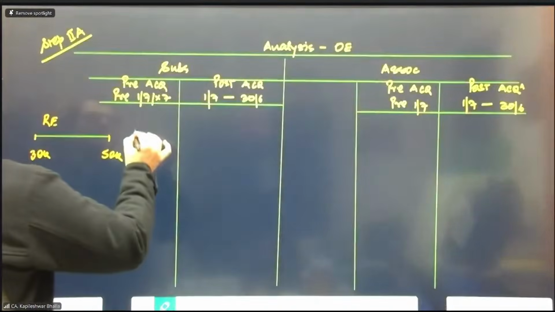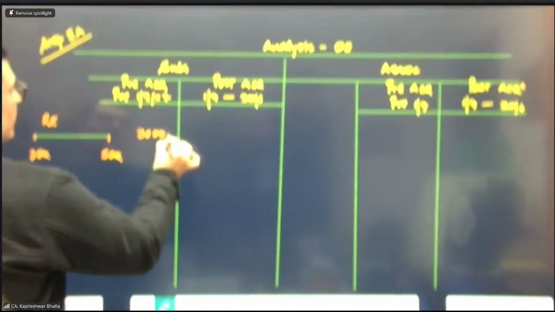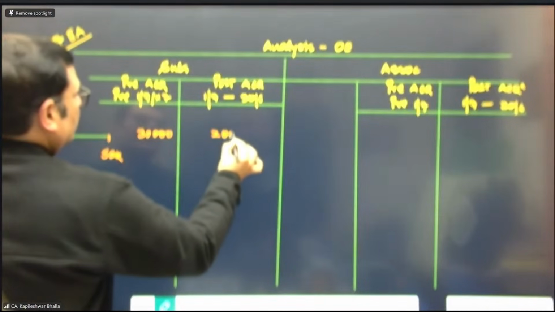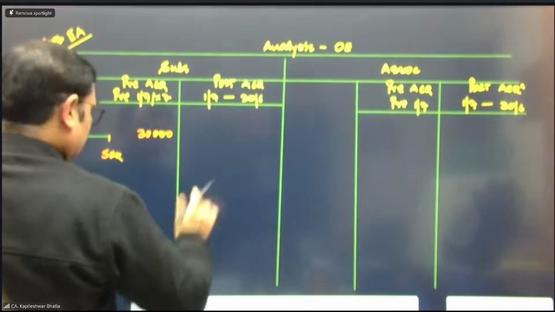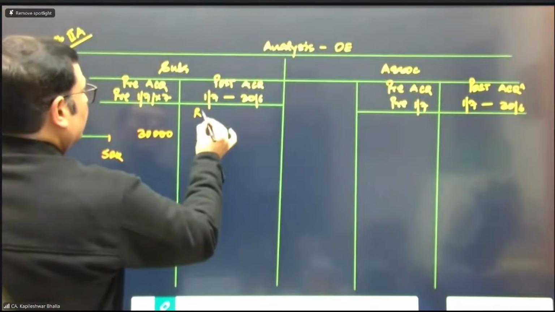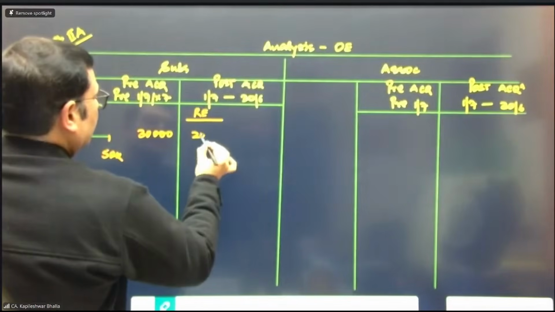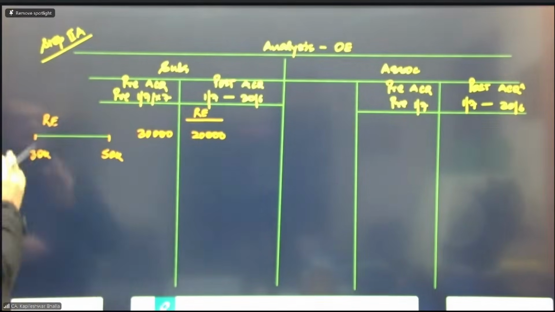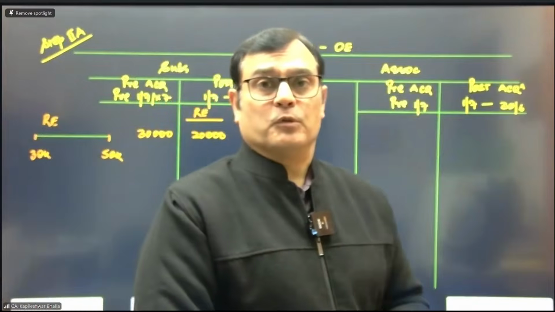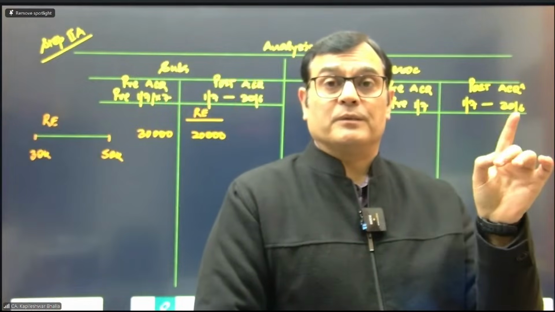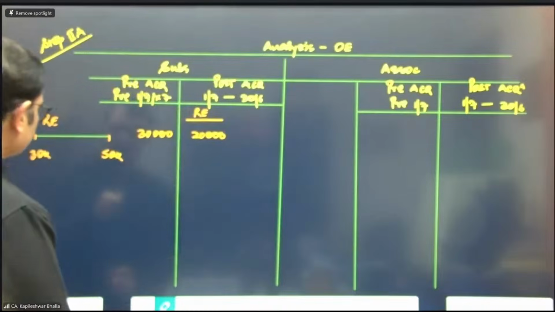So can I say this 30 is pre and the increase of 20 is post under a separate head? Let's create retained earnings as a separate head. So the balance on the date of acquisition is pre and the increase is post. So 30 is pre and 20 becomes post-acquisition.